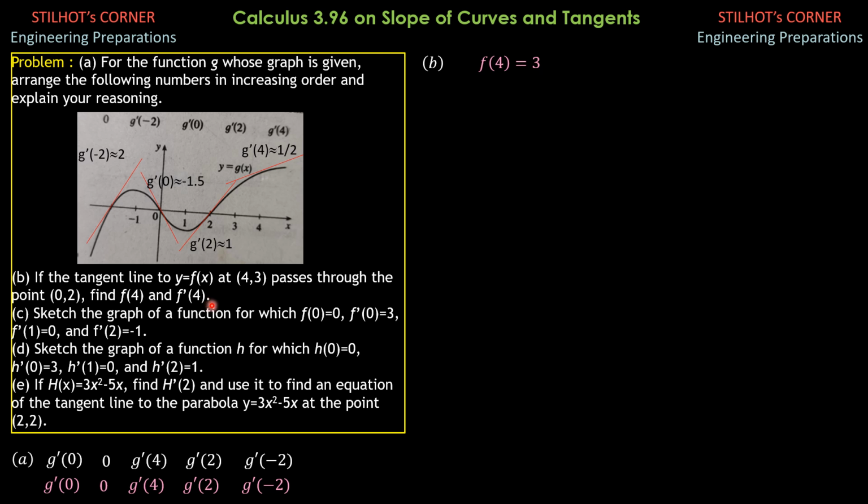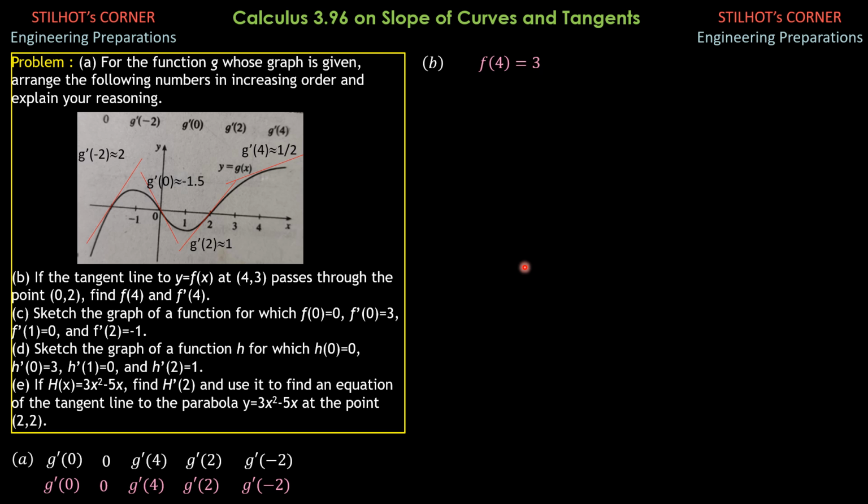So let's derive the formula for the slope of the tangent to the curve. The slope of the tangent to the curve is simply the slope of the line between these 2 points. This is the point of tangency, and the tangent line passes through that point.